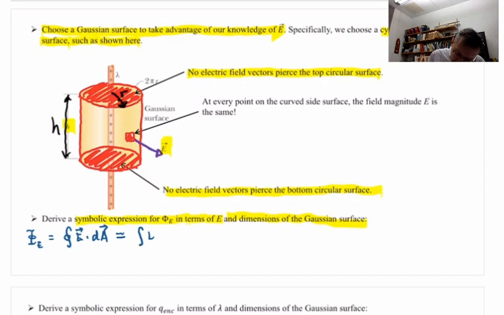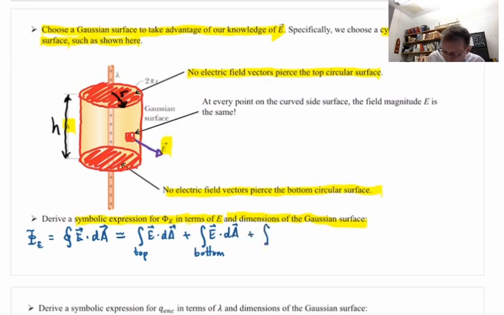The integral of E dot dA over the circular top part of the cylinder, the integral of E dot dA over the circular bottom part of the cylinder, plus the integral of E dot dA over the curved side. Three basic parts to that Gaussian surface just because it's shaped like a cylinder.